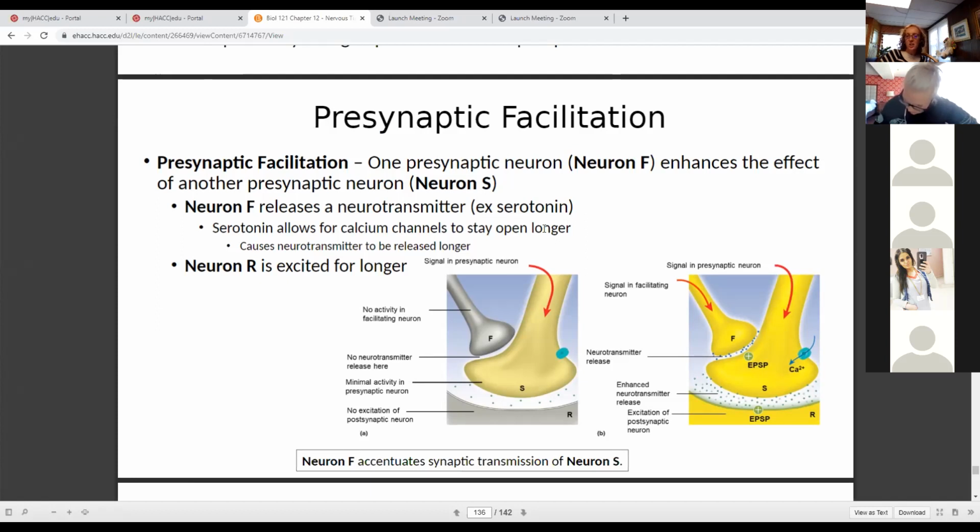This neurotransmitter allows for calcium channels on the postsynaptic neuron, which is also the presynaptic neuron, to stay open longer, causing neurotransmitter to be released for a longer period.